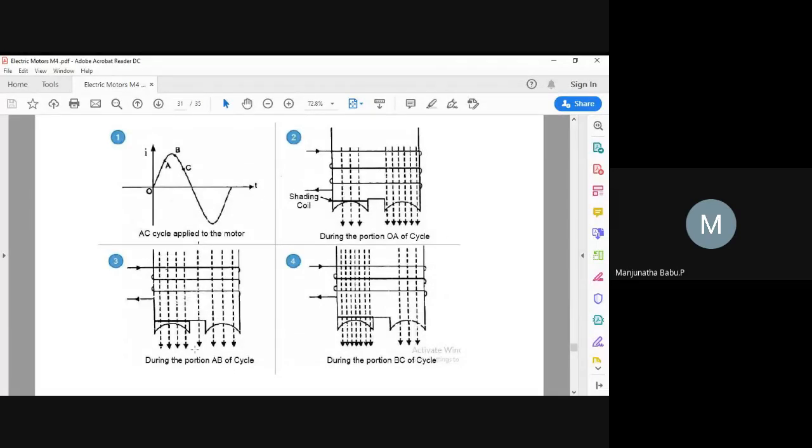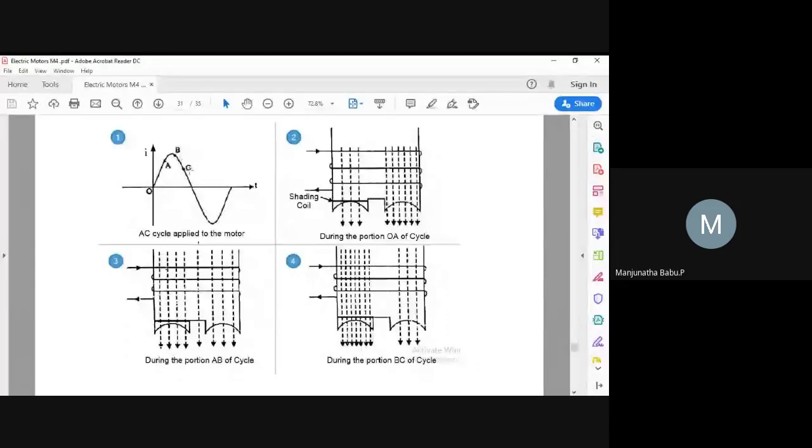If you see diagram 3, the flux distribution across the pole is uniform, since no current is flowing in the shading coil. When portion BC is considered, the flux starts decreasing.